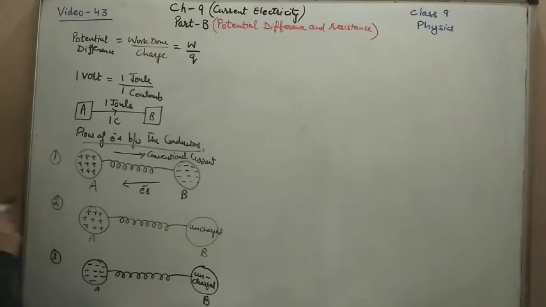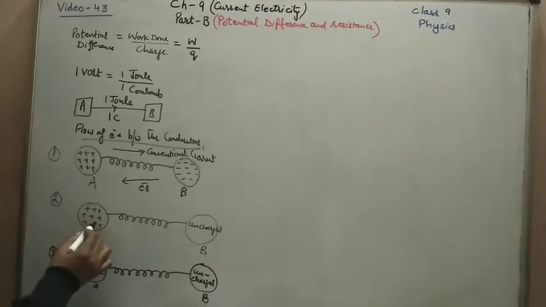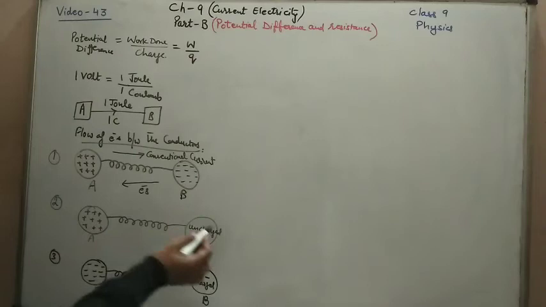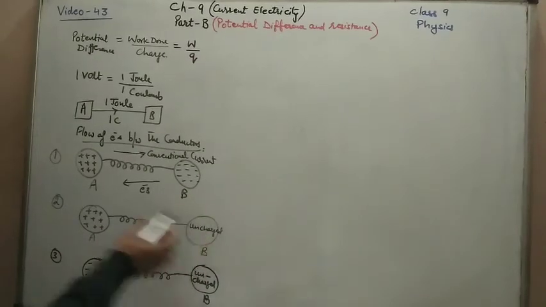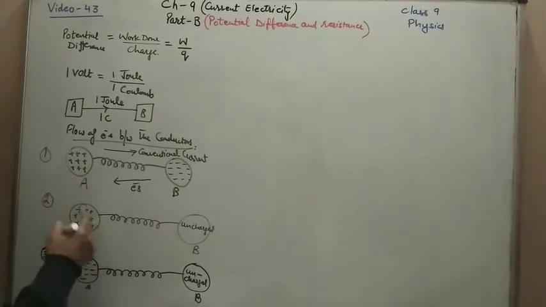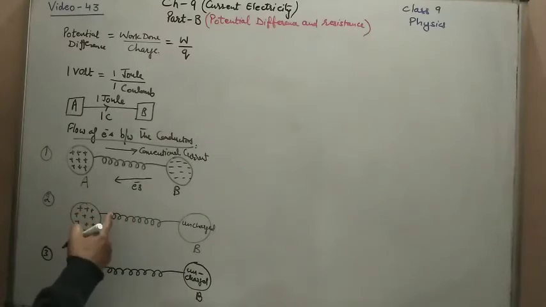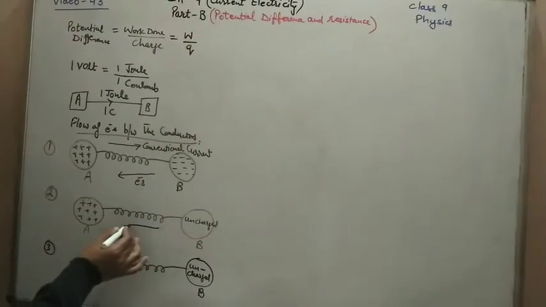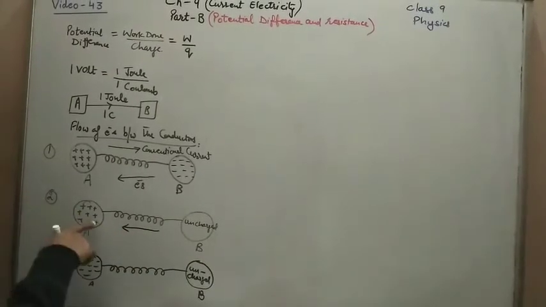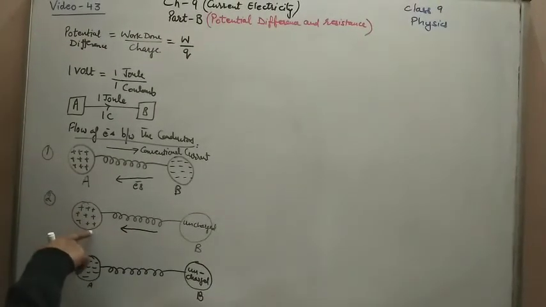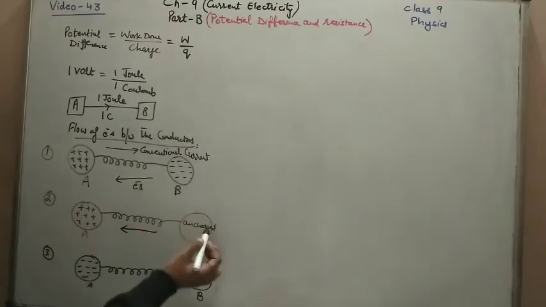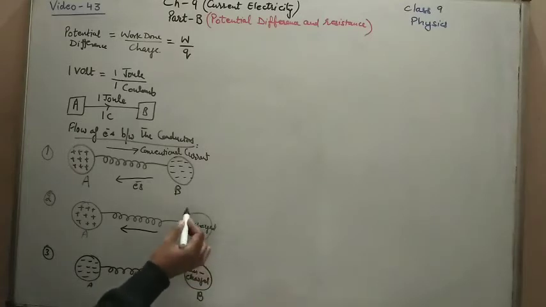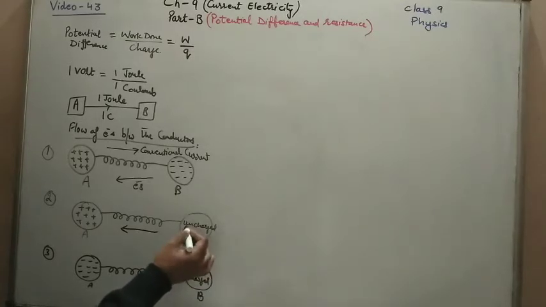In this second one, A body which is positively charged is connected with the uncharged B body. So the flow of electrons will take place again from B to A. Why? Because A body already has a deficiency of electrons, but the uncharged body has more electrons, because here the number of protons and electrons are equal.